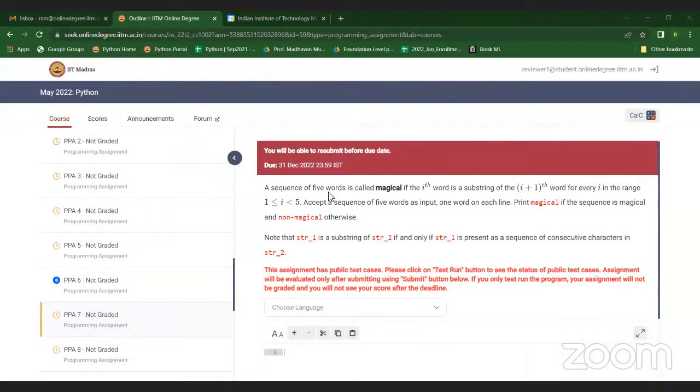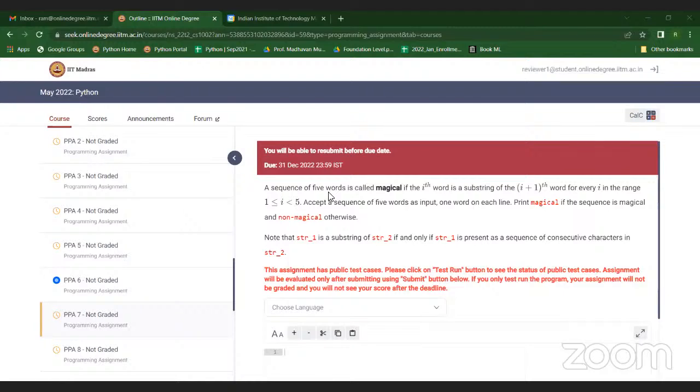Magic is a substring of magical because magic, the same sequence of consecutive characters, is present in magical. But magical is not a substring of magic because the entire word magical is not present in magic. Is the substring concept clear? Yes, now it's clear, sir.